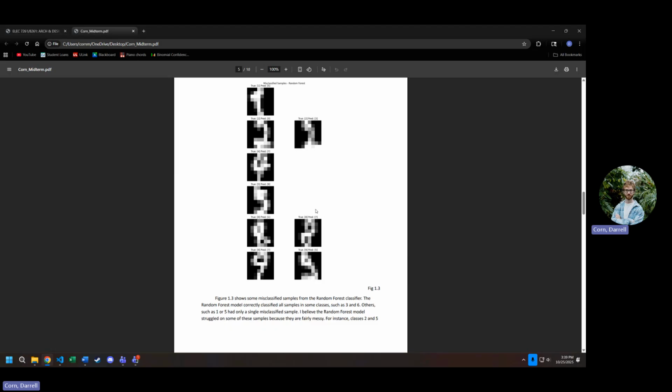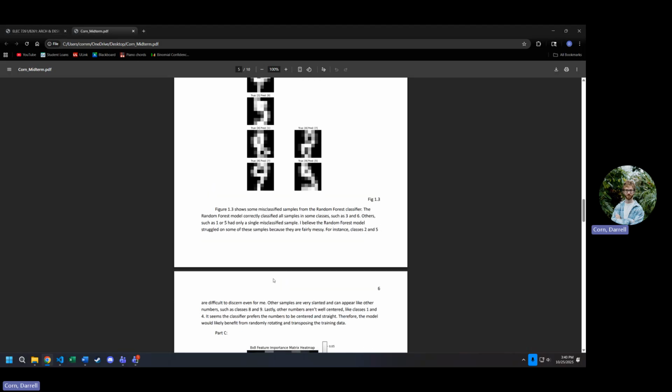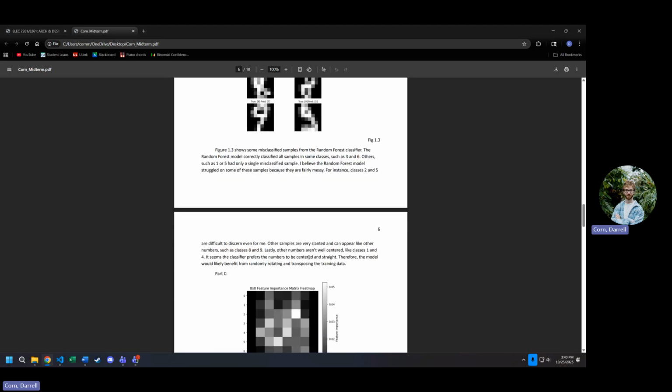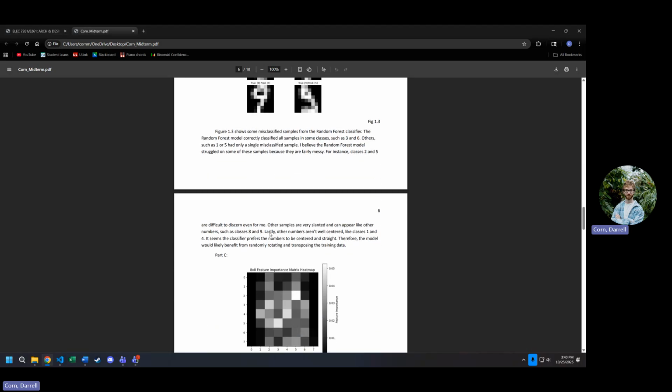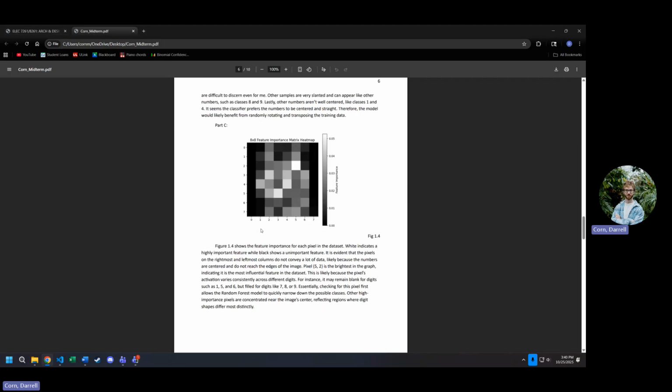So I think that is a factor, as well as some of these seem to be off center, such as this 1 here. So I think one way to help this would be to randomly rotate and transpose training data. Just a thought for if someone really needed to tune this model.